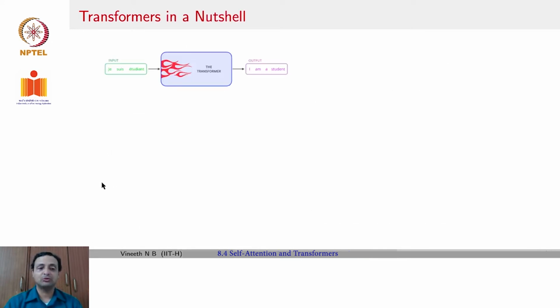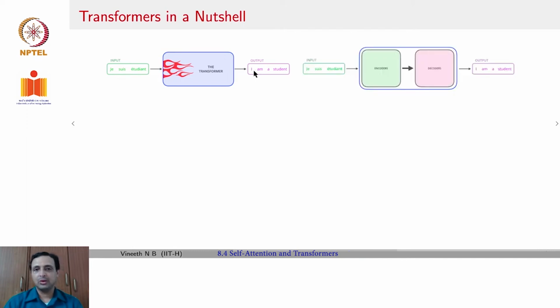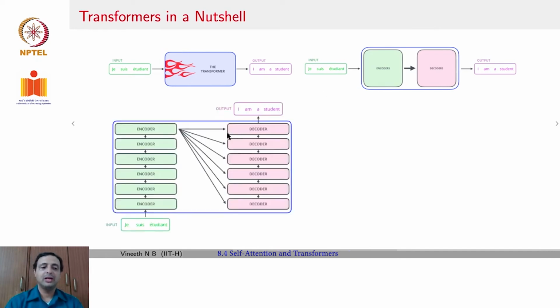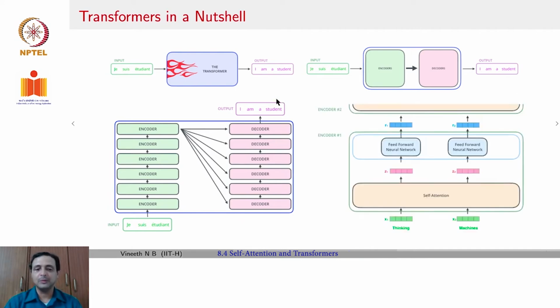So a quick summary of how transformers work. If you considered a machine translation task, let's say you want to translate this input into the output which states I am a student, we are proposing the use of an encoder-decoder architecture, where in the encoder you have several encoder modules, each of which feeds into the encoder at the next level, and the encoder at the highest level feeds into each of the decoders, which has a similar stacked architecture, and the final output is I am a student.